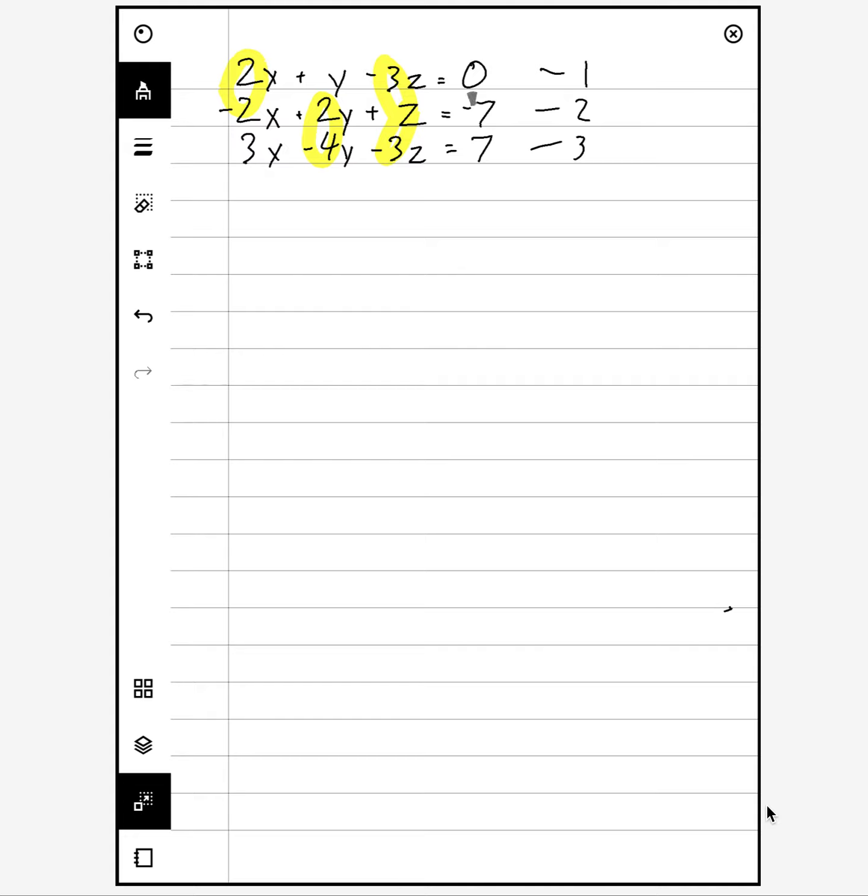Also this. If I add the two of them together, then I would get them both equal to 0, which would then be equal to this guy. Maybe that's useful.